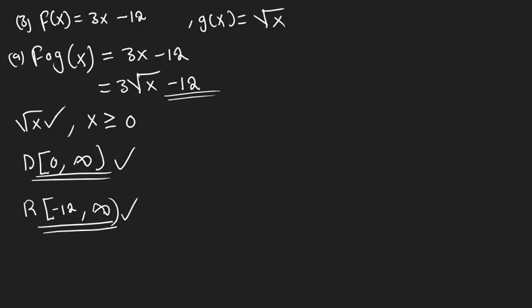So if you want to put this one in set builder notation, you can say that this is going to be the set of y such that y must be greater than or equal to negative 12, and at the same time, y must be a member of all real numbers.